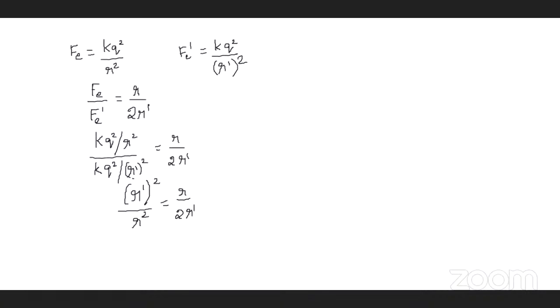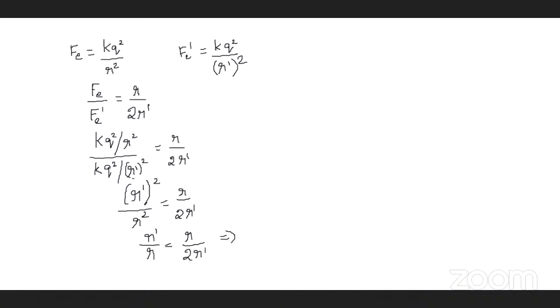Then what you can do is you can take square root of the entire thing, or you can apply square root for the left hand side of the equation alone. You can take square root. So when you take square root, you will be getting r prime by r equal to r by 2r prime.